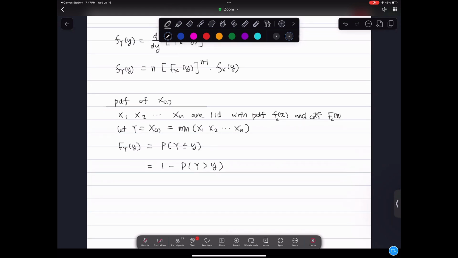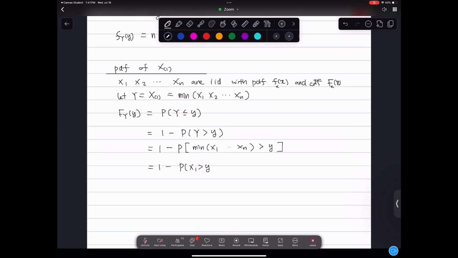So Y is the minimum of all these random variables, so that means the same thing. Everything has to be greater. So that means X1 is greater, X2 is greater, and I want to separate them out because they're independent.